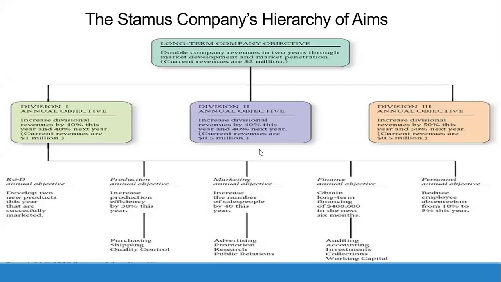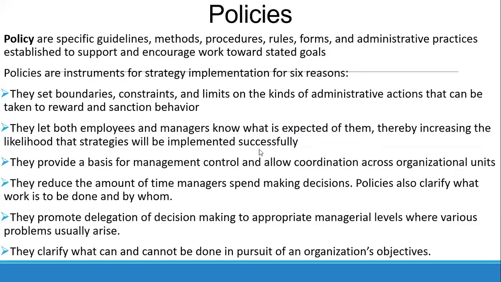Then you must also get policies or guidelines that will support and encourage the pursuit of the goals of the organization. And these policies must normally be contingent on what will work well for the organization.